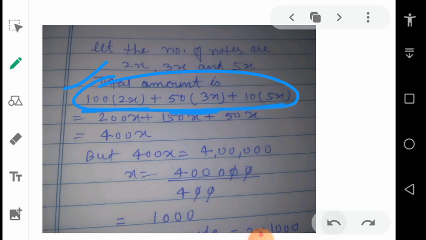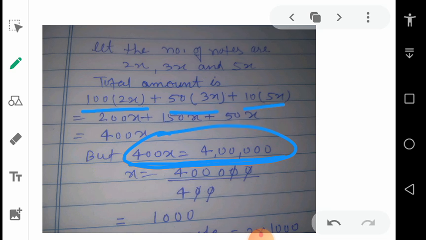So by simplifying it, we have 200x plus 150x plus 50x. Add them, we get 400x, and 400x equals 4 lakh. As given in the question, the total amount I have is rupees 4 lakh, and we have found the total amount in terms of x.